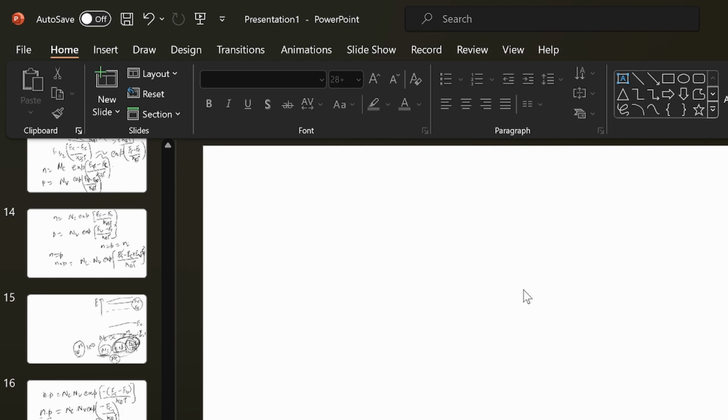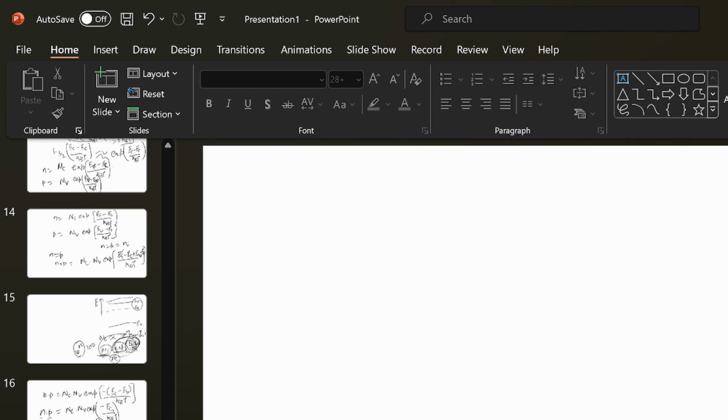One more thing he has taught is, whenever we see the band diagram, this is EC, this is EV, and there is a flat band diagram.